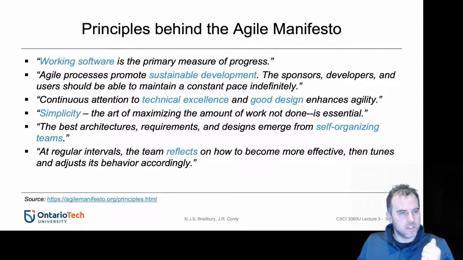You want to keep it simple and effective. They also have this belief in self-organization amongst teams. So you don't structure the teams rigidly, putting people together that you think are appropriate regardless of their opinions. Instead you let teams self-organize, and that will lead to better artifacts coming out of those teams: better products, better designs, better requirements gathered, better architectures.